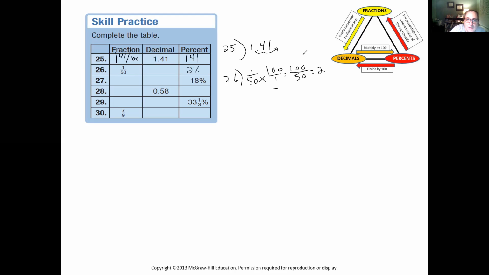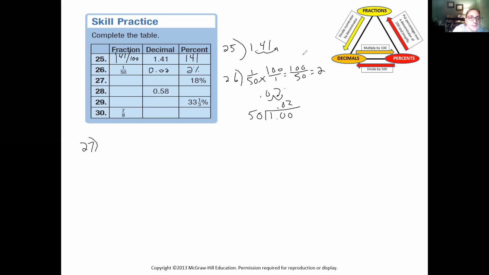And if it's 2% as a percent, then we would go 1, 2, and it would be 0.02. Now, if you didn't know you could find percent by doing times 100 over 1, you could have just done 50 divided by, would have been 0, add another 0. You would have gotten 0.02, which you would have filled into the decimal, and then gone 2 to the right and gotten 2%. There's all different ways to convert, whatever you're comfortable with.